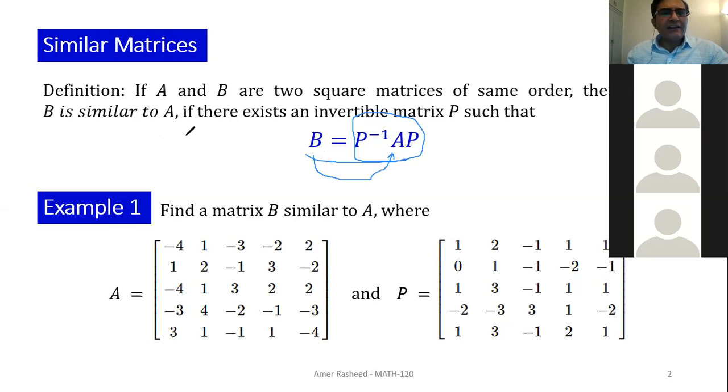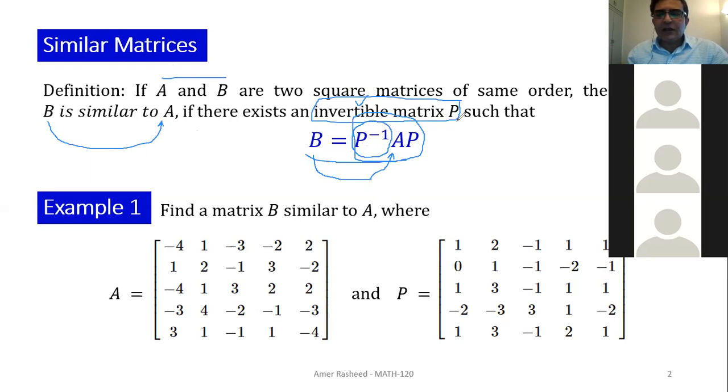I repeat, the definition is, if we are given two matrices A and B here, then we say that B is similar to A if there exists some invertible matrix. This P matrix, we call it an invertible matrix. Its inverse should exist, because here we have P inverse.